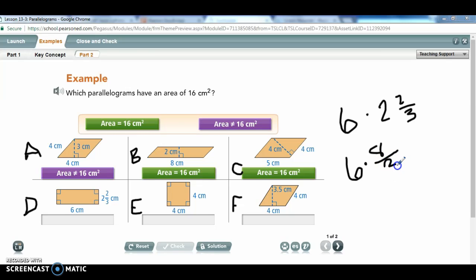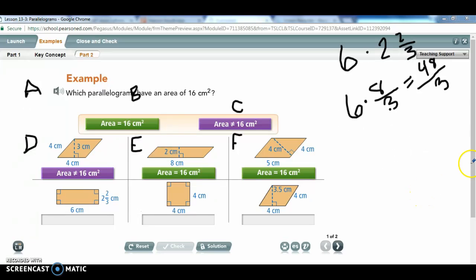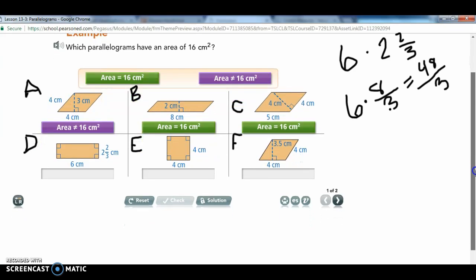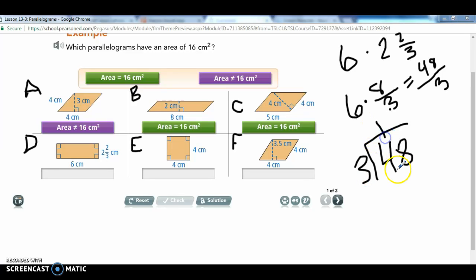Keep the same denominator. 6 times 8 is 48 over 3. 48 divided by 3. 3 can go into 4 one time.